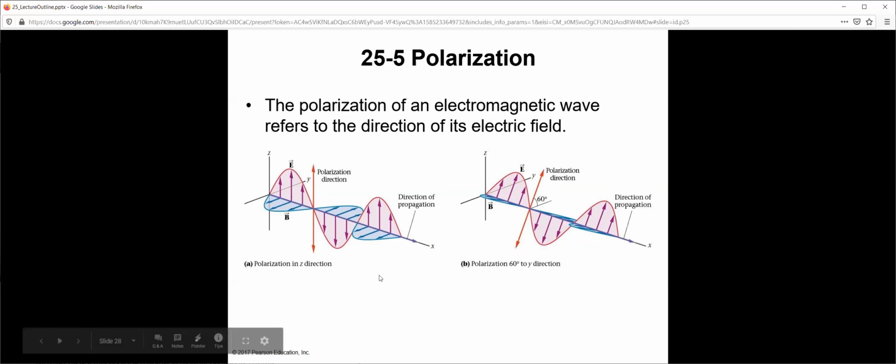As shown here in A, this is polarized in the Z direction because the electric field is perpendicular to the X and the Y. However, since this electric field follows the right-hand rule, it can be twisted and turned all around based on many different circumstances, based on if there's a pole to one side or the other for the electromagnetic fields, relationships, other things, or as we get to, polarizing lenses and filters.